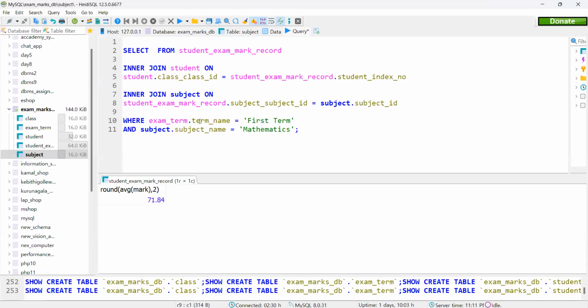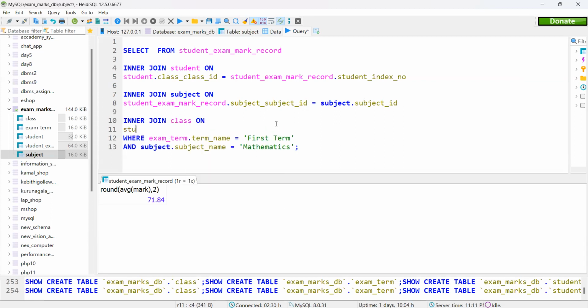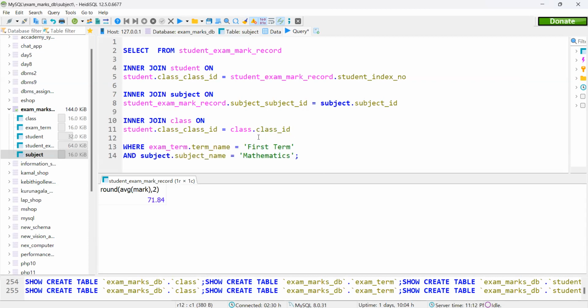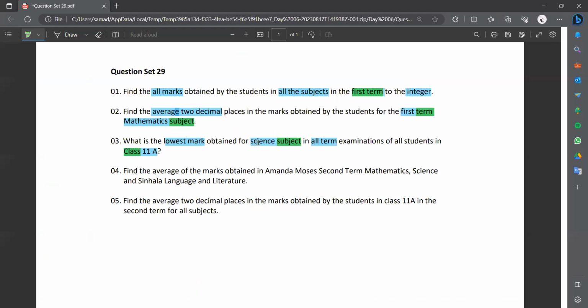Get class table. All terms, subject science, 11A.